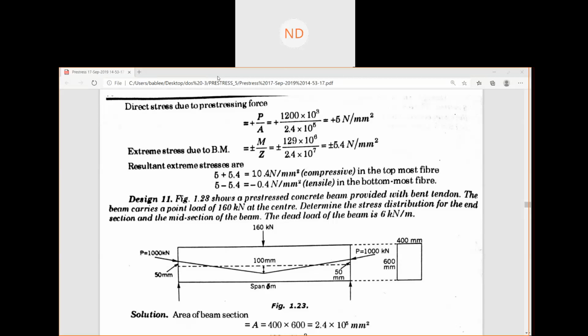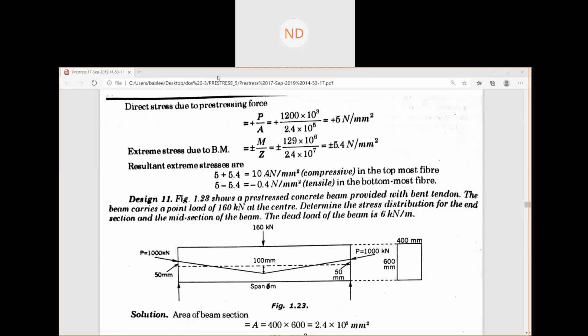Wait, where is my this? One minute. Where is this? Am I sharing my screen?